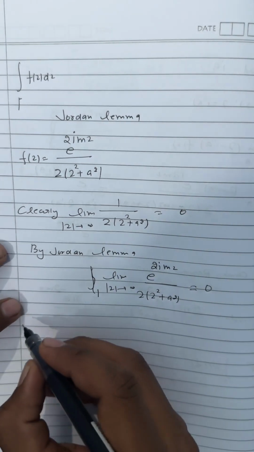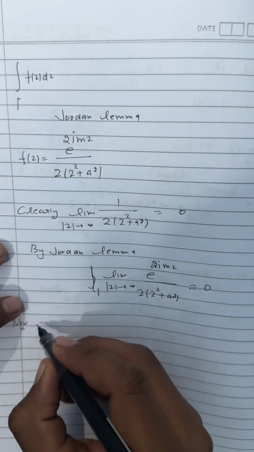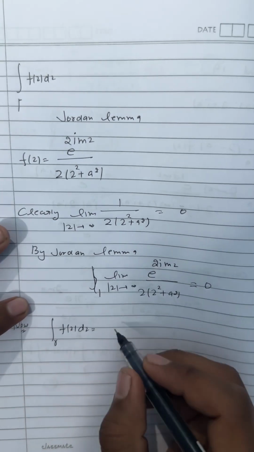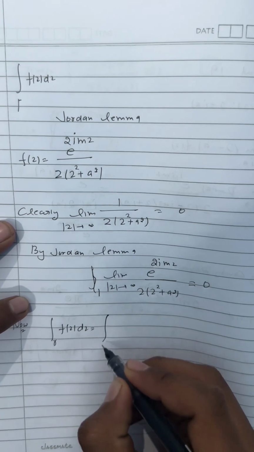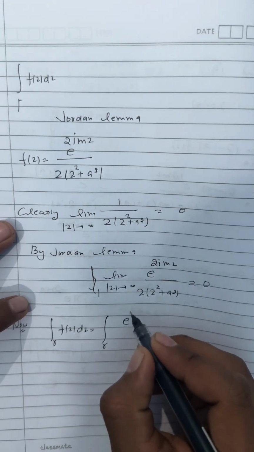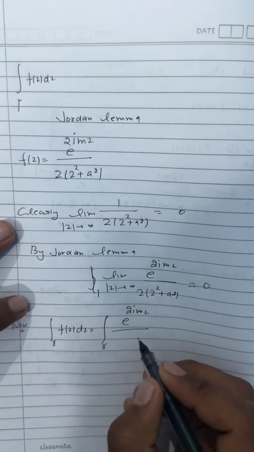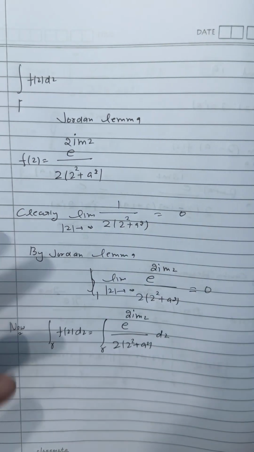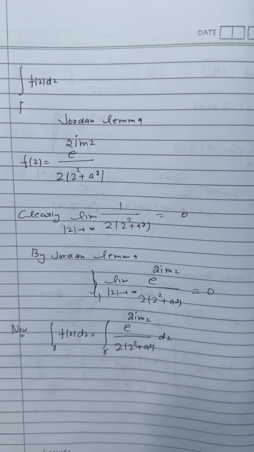Okay, now we are going to solve the small gamma integral, which is nothing but e raised to power 2 iota mz upon z square plus a square dz. There is a theorem to solve this.